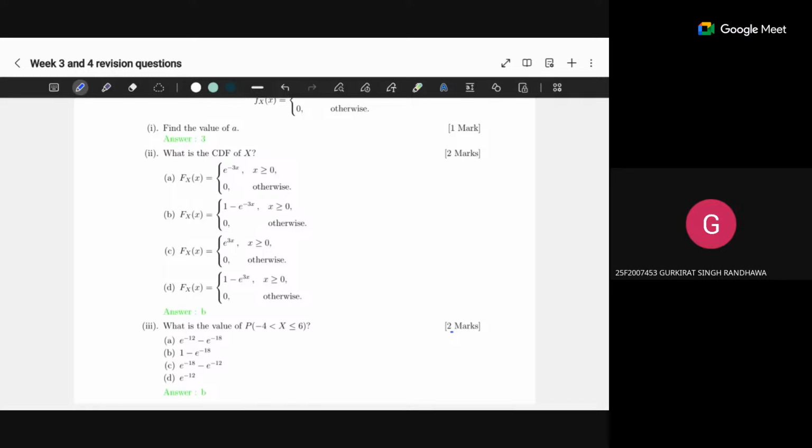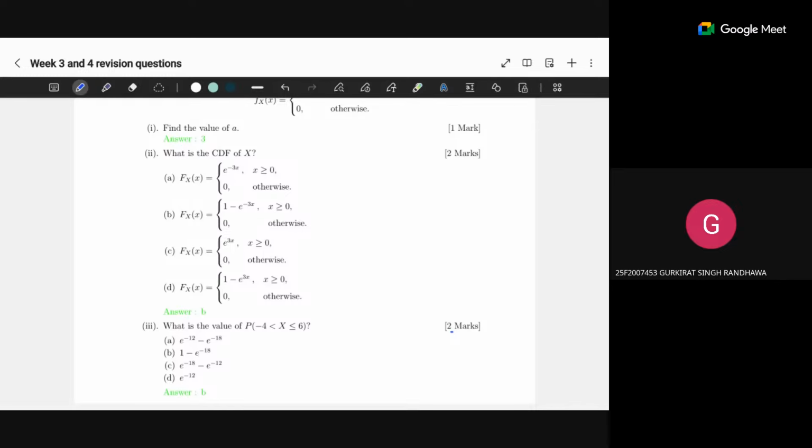Still solving? Ma'am, in sixth, we can use the B minus A formula, FB minus FA. Correct.